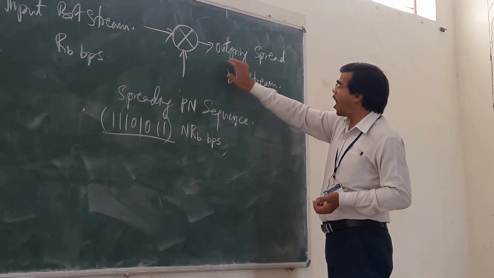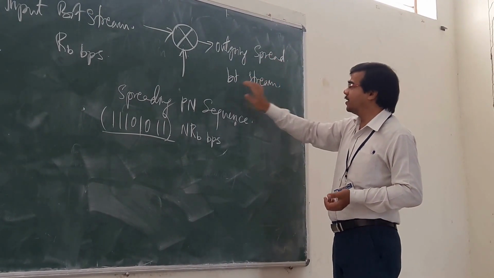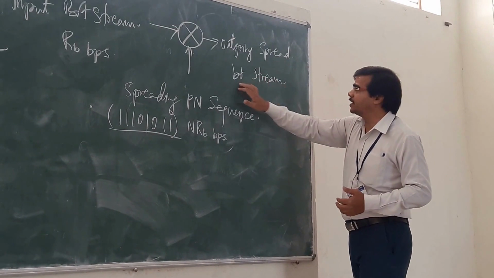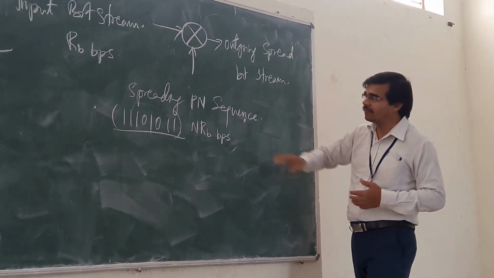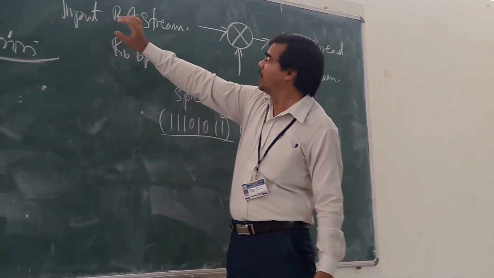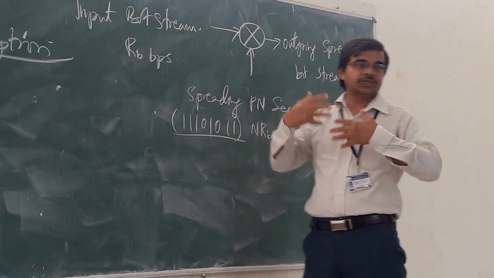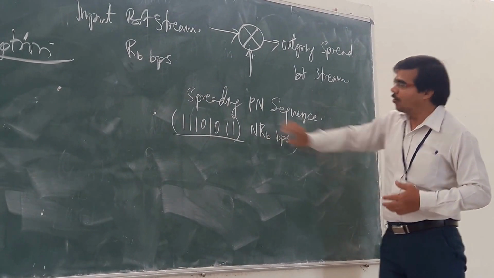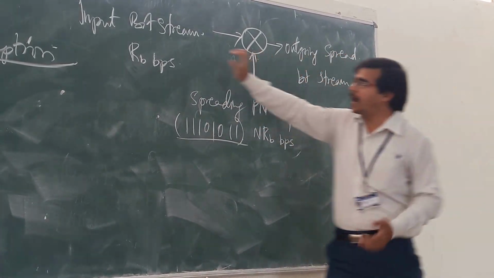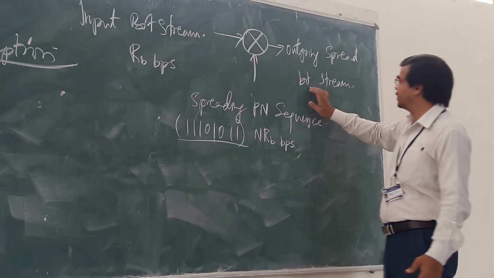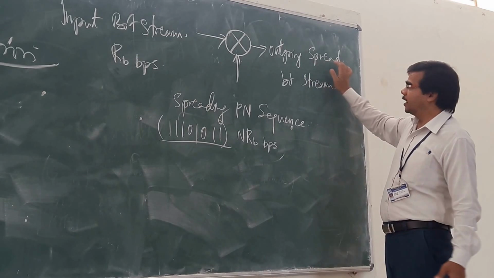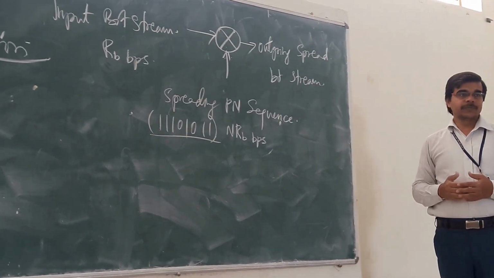This is the outgoing spread bit stream. It is the combination of the spreading PN sequence and the input bit stream.